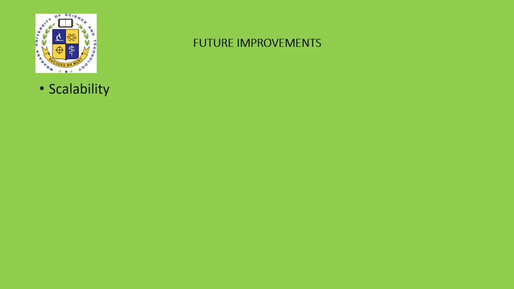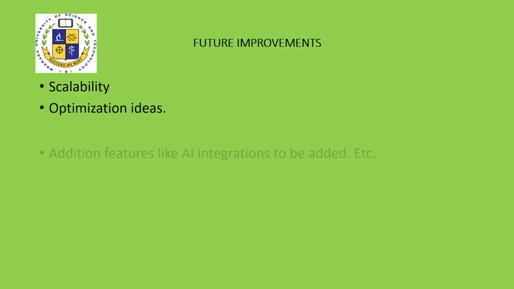It can be increased, whereby if it's now taking care of the records, in future it could take into consideration other improvements as required by the stakeholders. Our system has optimization of ideas, and we hope to optimize more and more according to the feedback of the users.